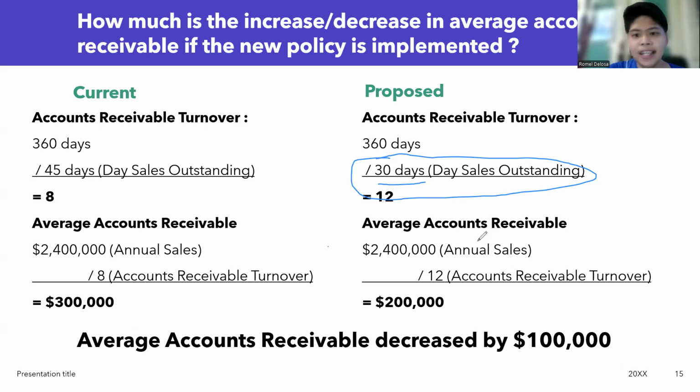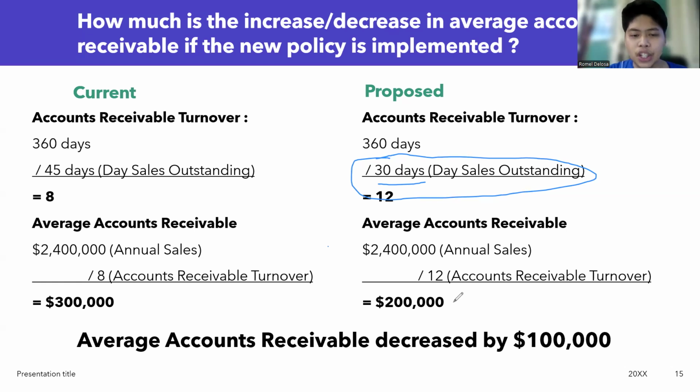So ano na yung average AR natin at the moment? So the average AR is 2,400,000 divided by 12. So ano na yung average AR sa new or sa proposed policy? The average AR is already 200,000.